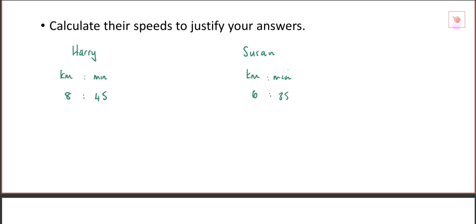Some of you actually calculated what we called their pace, but that was fine. Pace and speed are different units, but what do people do? So we're talking about unit rates. Would anyone like to tell me what you focused on then? What did you do to be able to compare them?